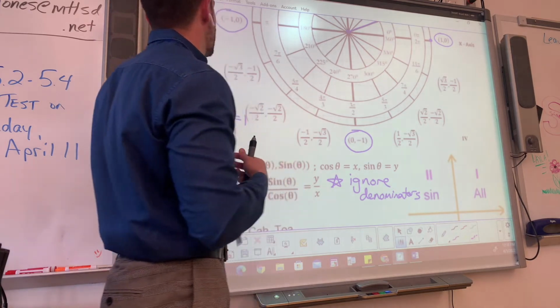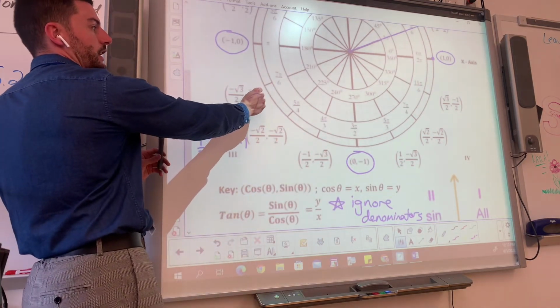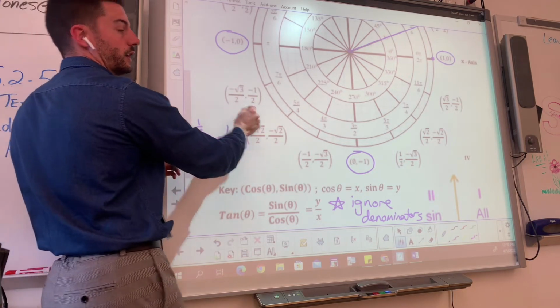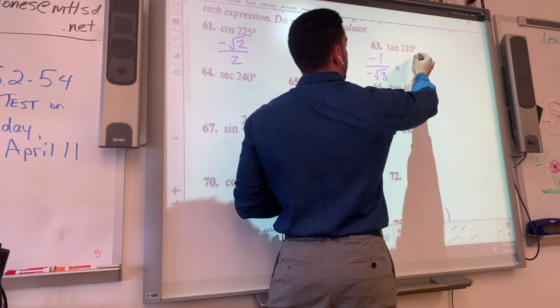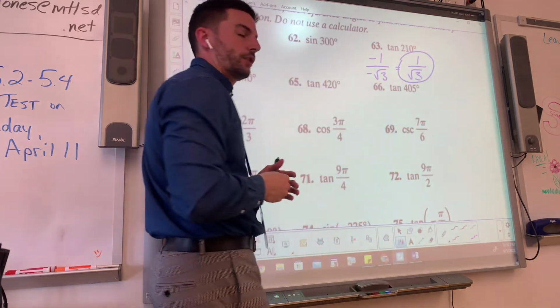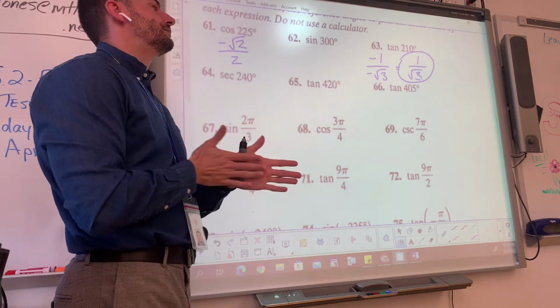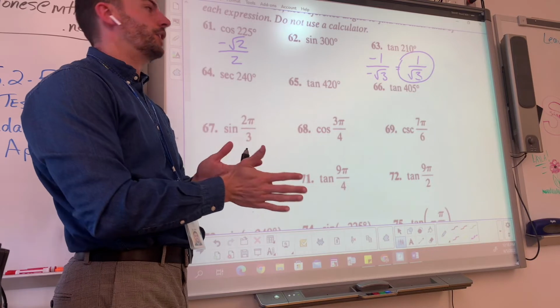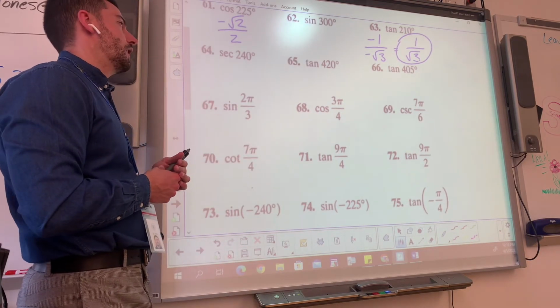So going back to that, tangent of 210, just the numerators, so it would be -1 over negative square root of 3, and negative over negative is a positive, so we could change that to 1 over square root of 3, and if you wanted to rationalize, you could say square root of 3 over 3. And then number 64, secant of 240.